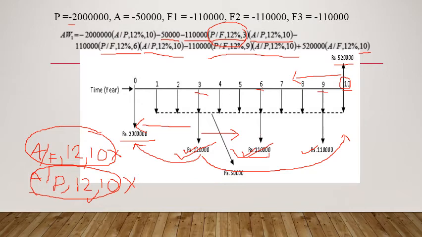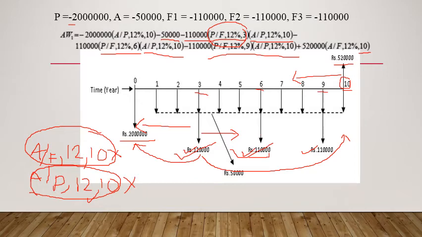That is also quite possible. You can take it as an assignment and try. Here I have used the P by F factor. Instead of that, you can use F by P and then A by F factor.